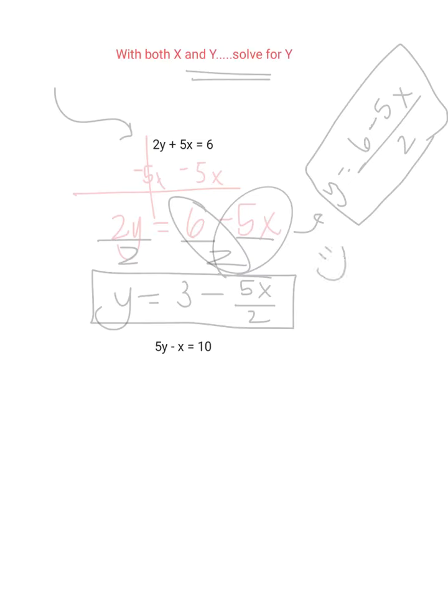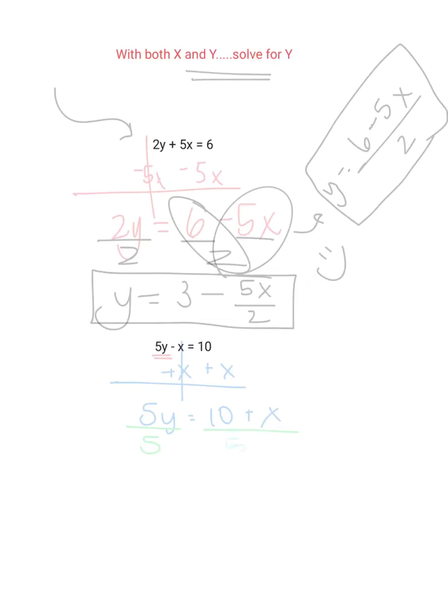Okay? And then the next one, we're also, again, still solving for y. So let's get rid of that minus x. The opposite of minus x is plus x. Do it on both sides. 5y equals 10 plus x. Now we just have to get this y by itself. So this is multiplication. We're going to divide by 5.